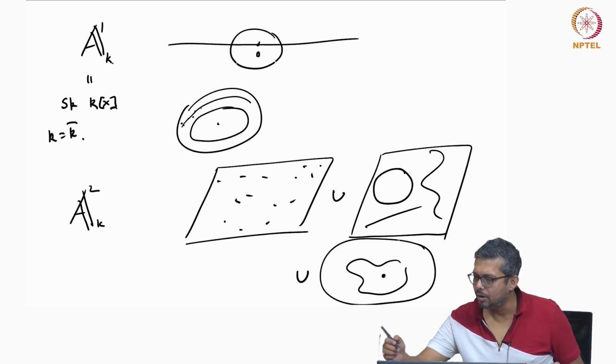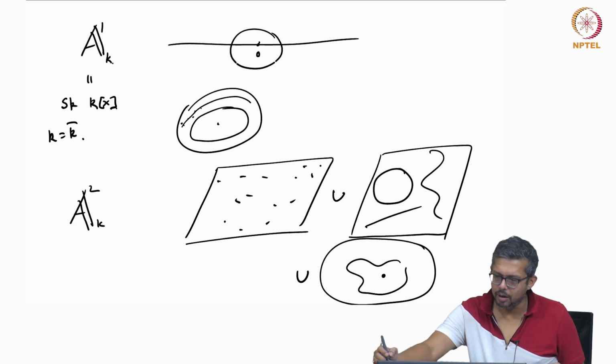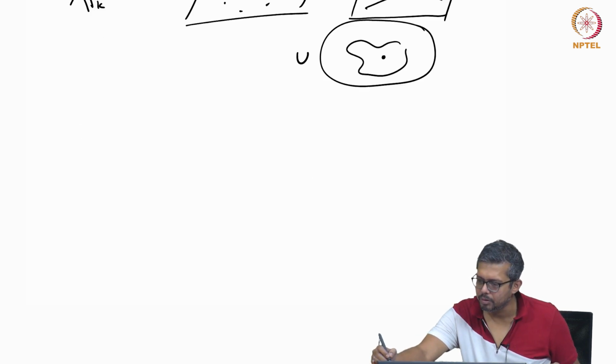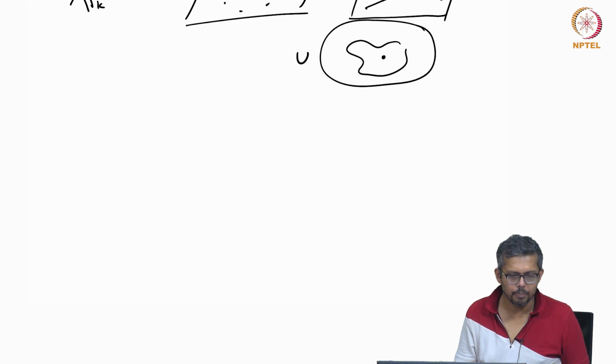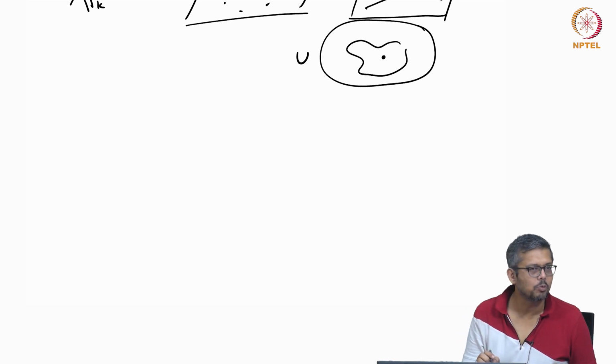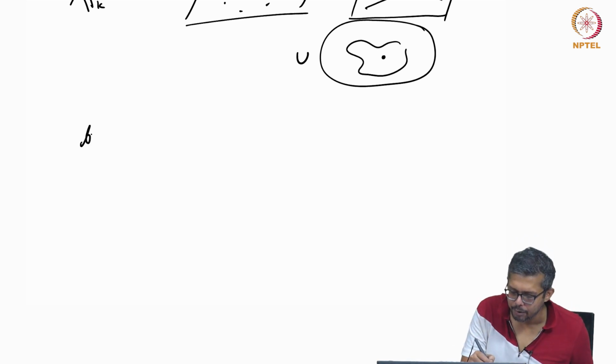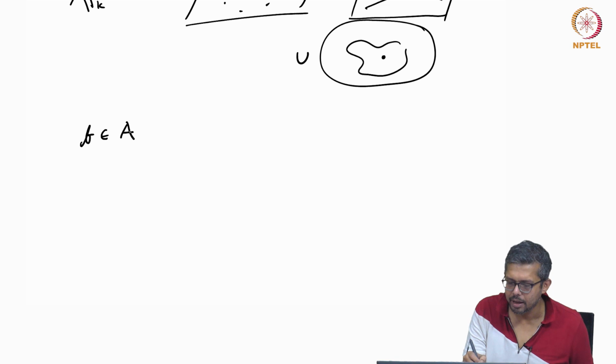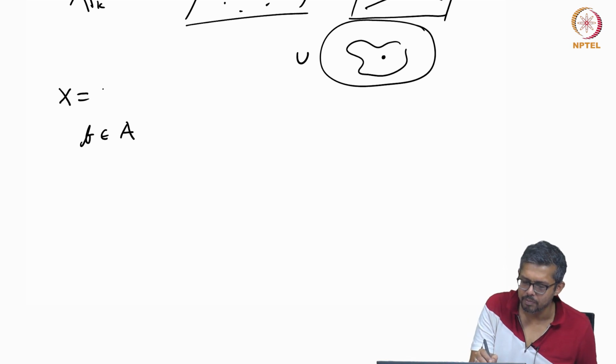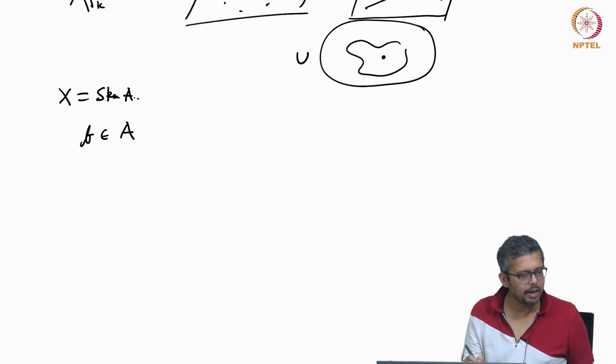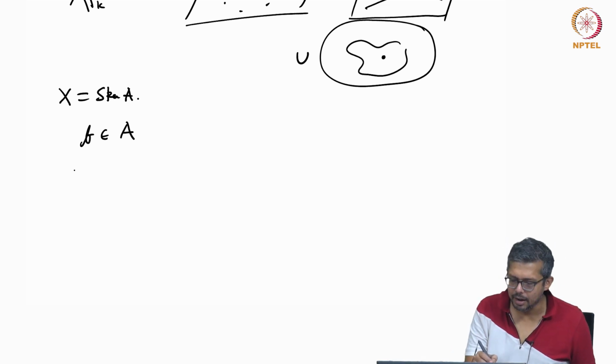So these are all closed sets. So what about open sets? What are the open sets? Open sets are complements of the closed sets. So for example, suppose X is Spec A, and if I take any element f in A, then I can define a set D(f).